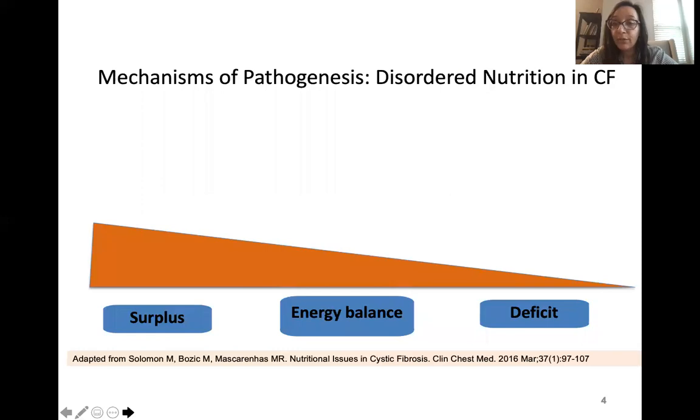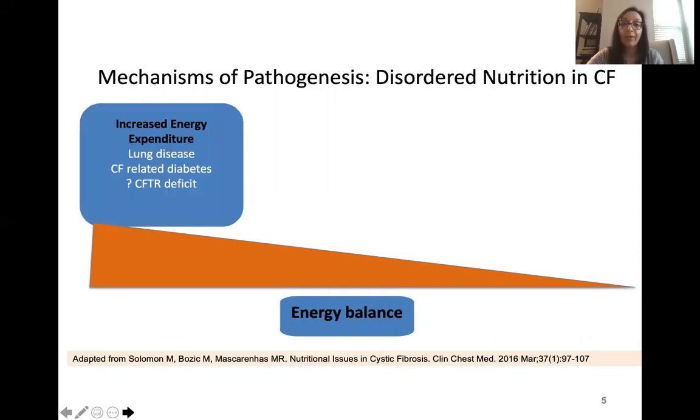So what does that mean for nutrition? As you know, our energy balance consists of balancing between surplus and deficits, and we know that individuals with cystic fibrosis can be at higher risk for an energy deficit. But why is that? We have multiple factors. First one is increased energy expenditure: lung disease, chronic cough, respiratory difficulties.